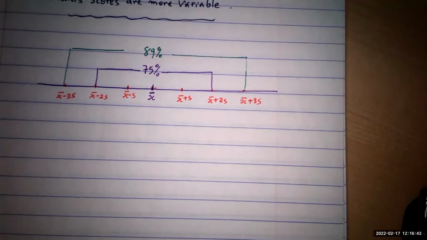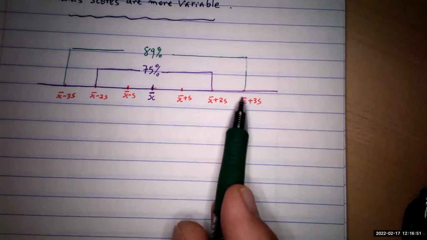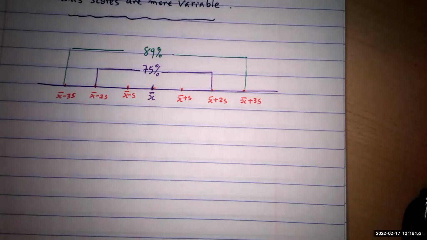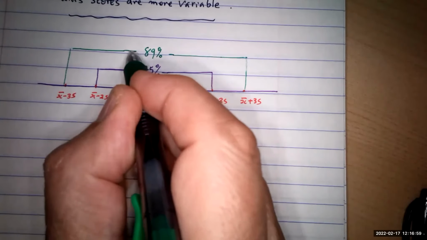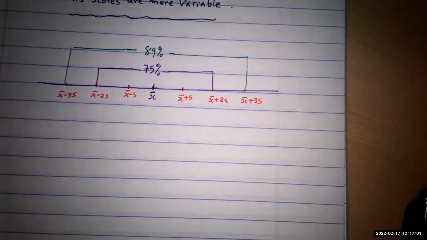So he proved that 89% of the data values must be within 3 standard deviations from the center. So these are some cut points, if you like, some percentages that you have to know when you're dealing with this last problem, which is the Chebyshov theorem.